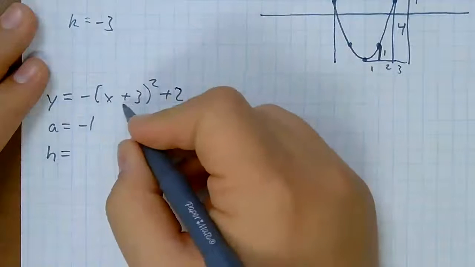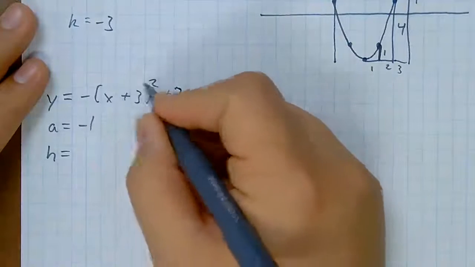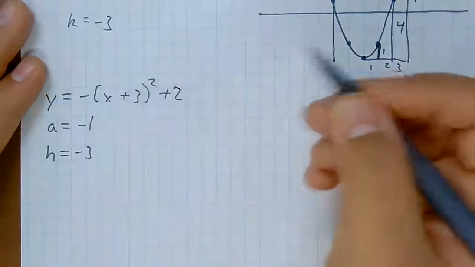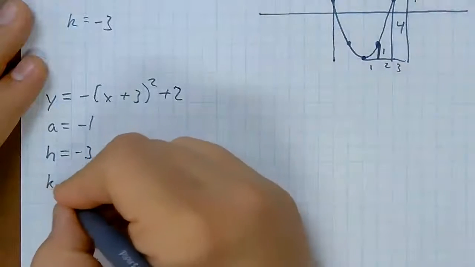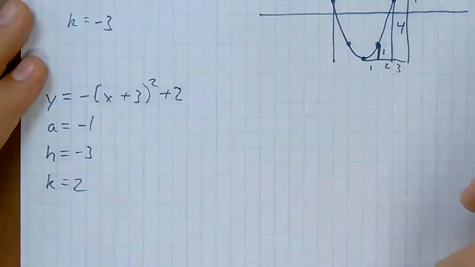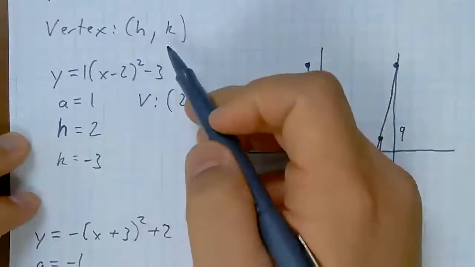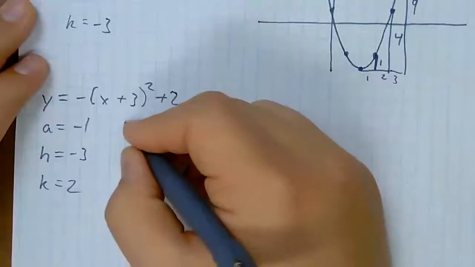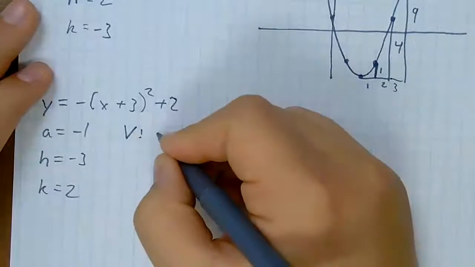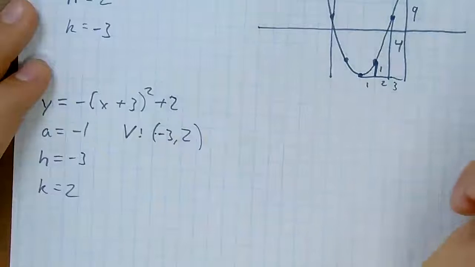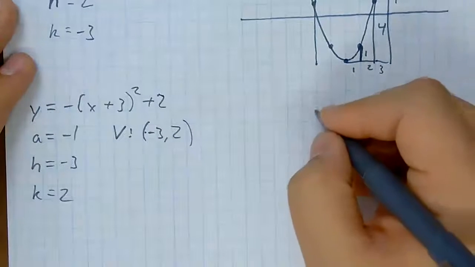H, remember, this would be x minus negative 3, so negative 3 is the opposite of what we see here. H is negative 3, and then k is 2. Remember, h and k are our vertex. So our vertex here is (negative 3, 2).